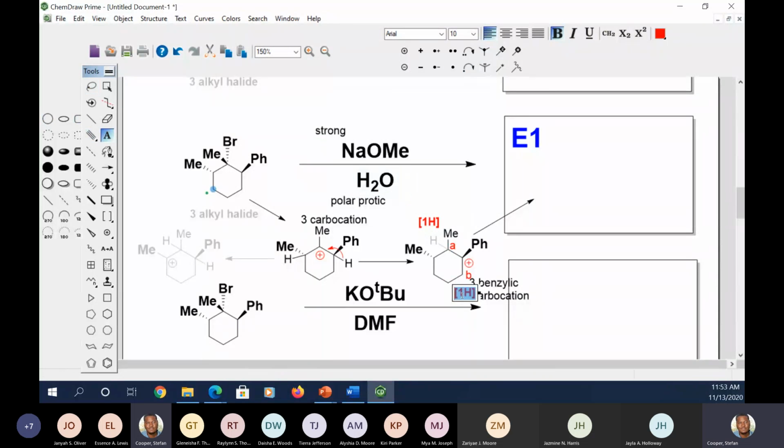So which side would I remove protons from? No bulky base, so I need to go with Zaitsev's rule, and Zaitsev's rule says pull from the side that has the fewest. All right, so I'm going to pull from A side. And so my final product is going to be that same proton that did the hydride shift is what the base is going to end up removing. So my double bond now will be involved with this compound here.